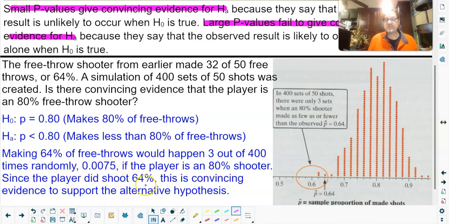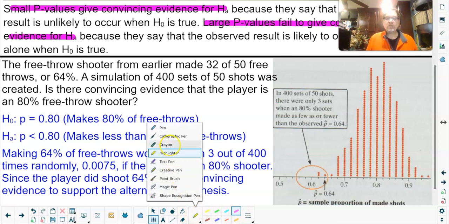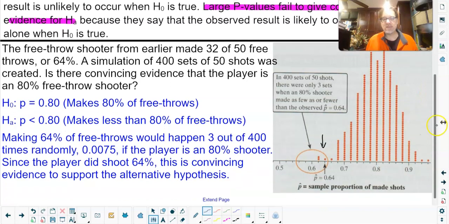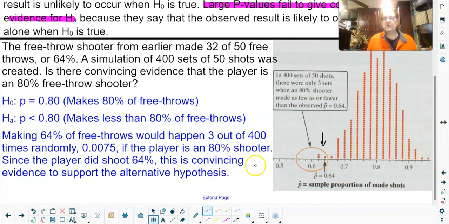He did shoot 64%. This is convincing evidence to support the alternative hypothesis. Because if I'm really an 80% shooter, should I have been this bad? No, if I was an 80% shooter, the probability of me being that bad is very low. So that leads me to reject the null hypothesis.